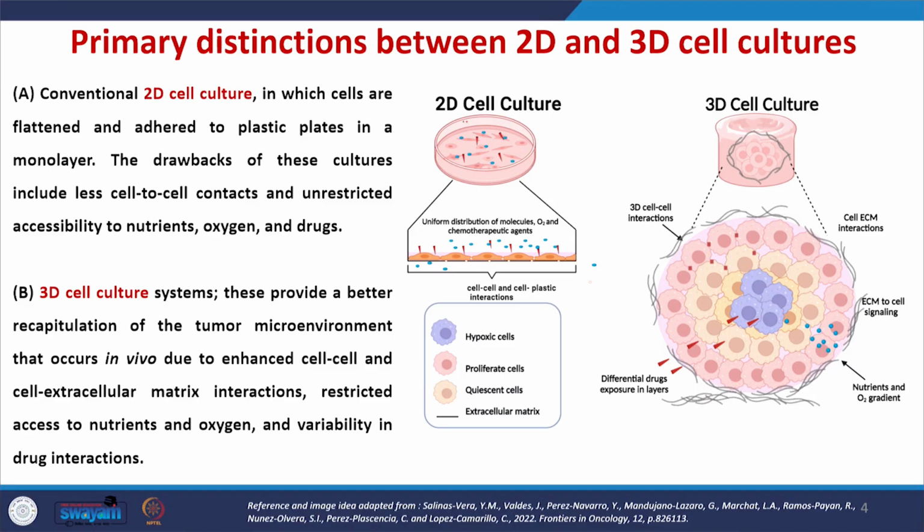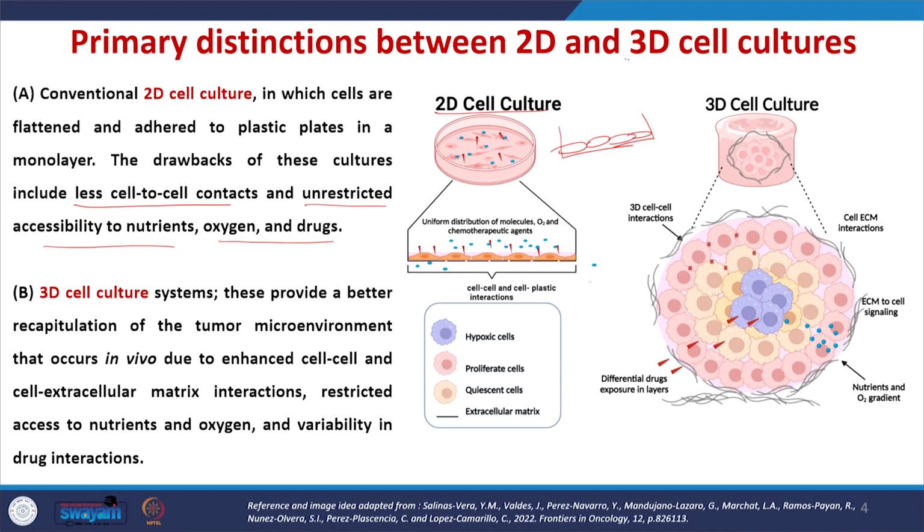Let us see the difference between 2D and 3D cell culture. In 2D cell culture, usually we grow the cells in the lab in plastic plates. So, cells attach to the plastic plates and grow as a monolayer. But the drawback of this 2D cell culture is less cell to cell contact and unrestricted accessibility to nutrients, oxygen, and drugs.